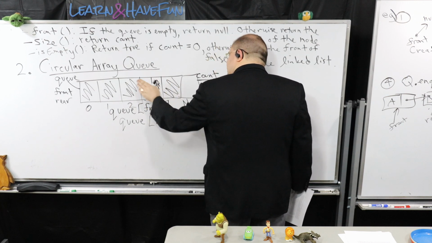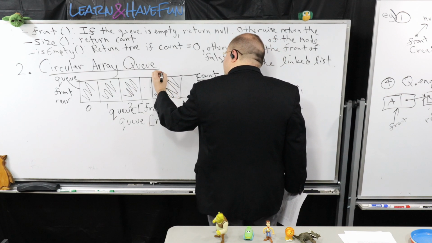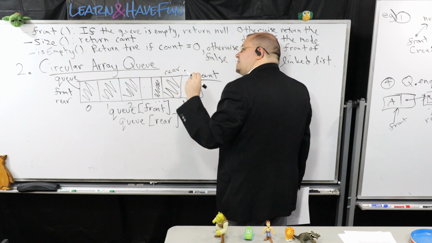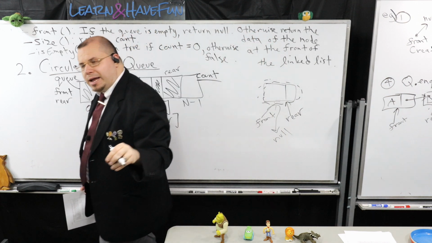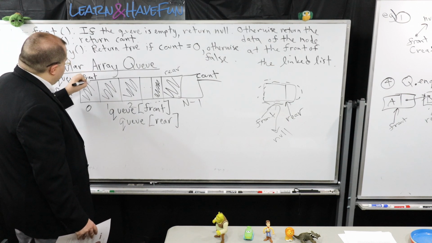Suppose that all of these have elements in them, and this one's empty. Suppose that this is currently the rear. So this is a number that's going to represent the location in the array. Then I'm going to have this one over here being the front.